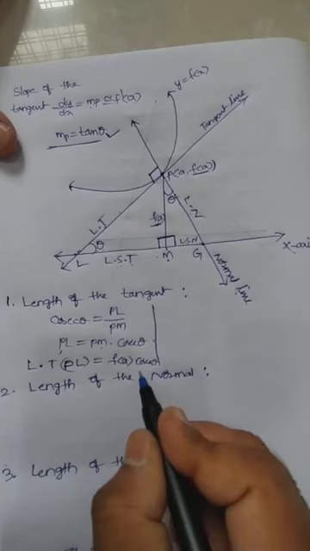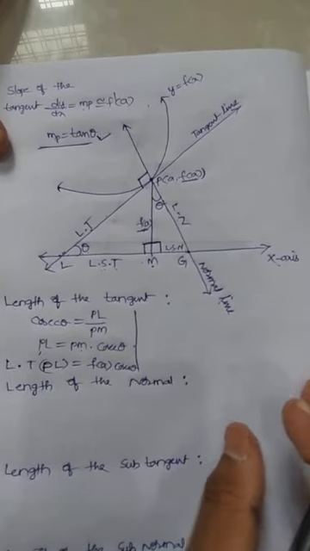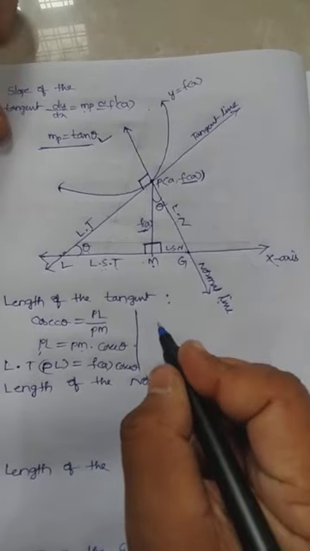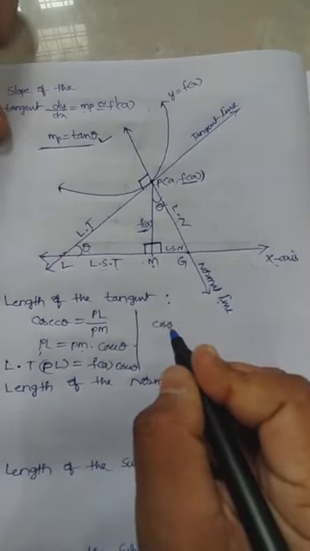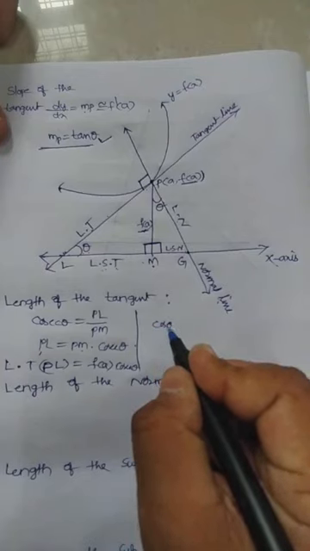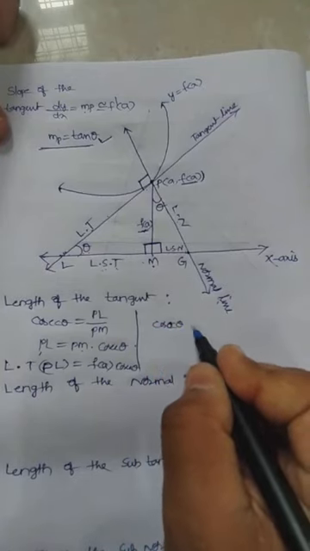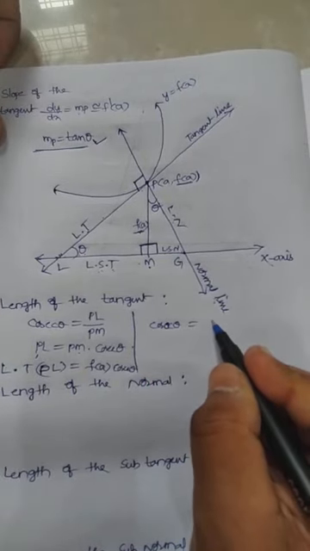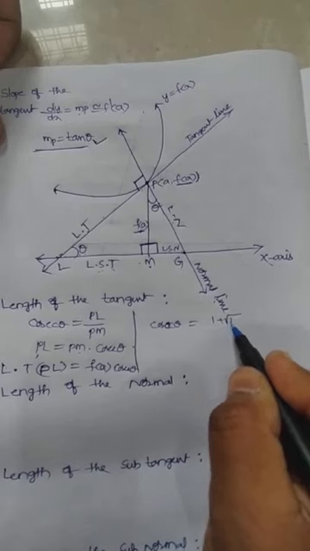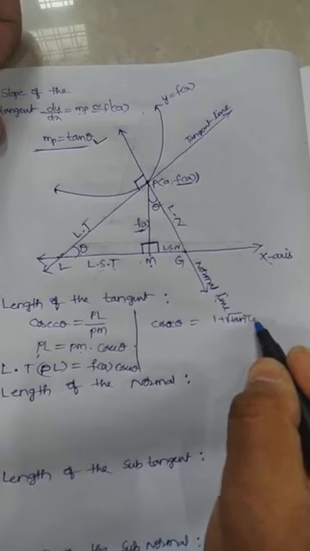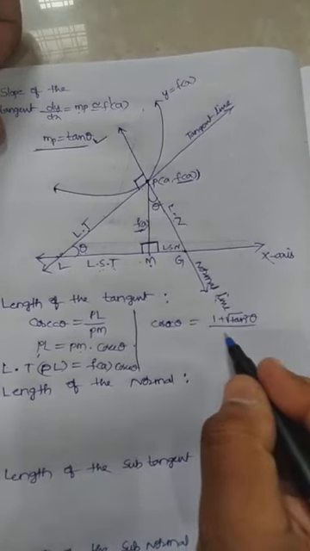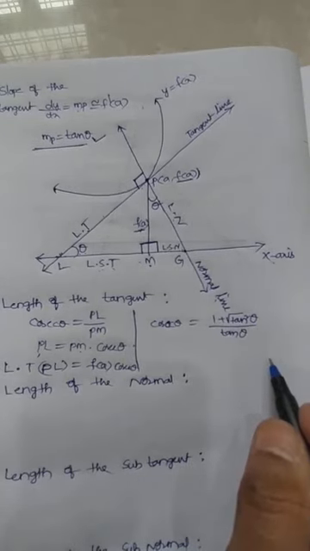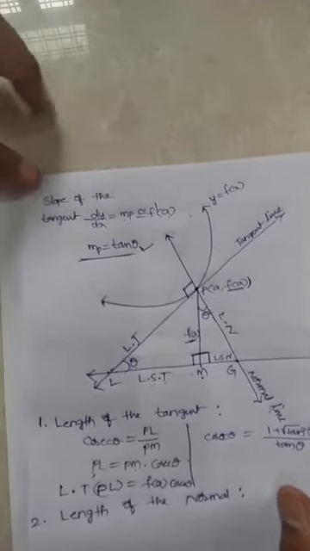Now I am replacing this cosecant theta in terms of tan. So cosecant theta is equal to under root of 1 plus tan square theta, by tan theta.